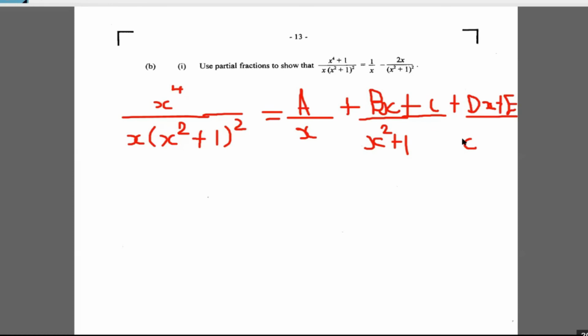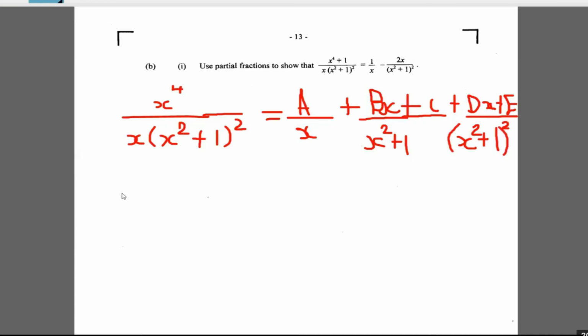That's how we do this question. Now tackling this, x squared plus 1 all square, and that's because it's an irreducible quadratic.